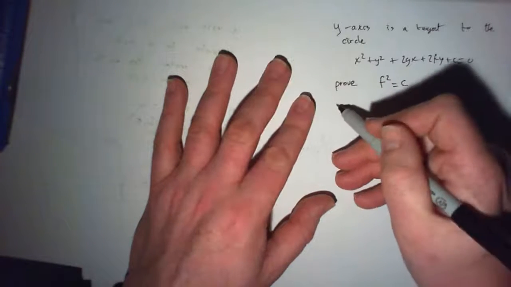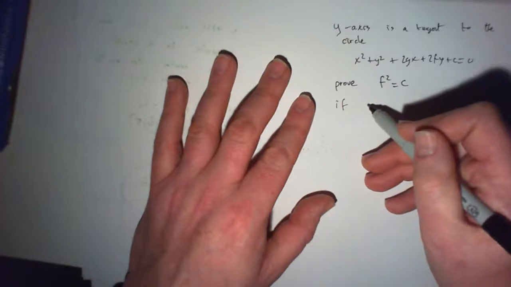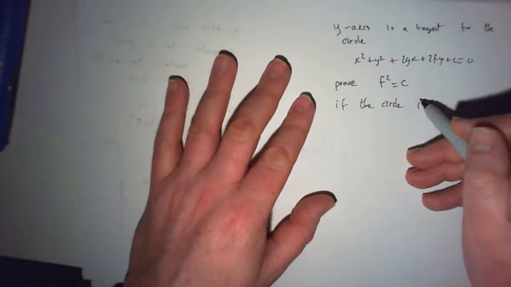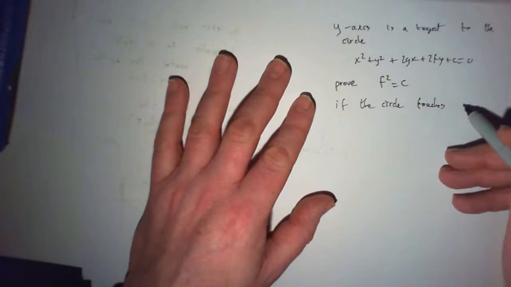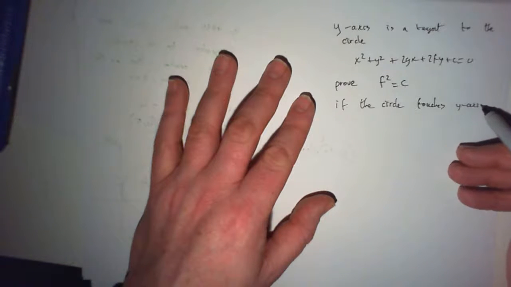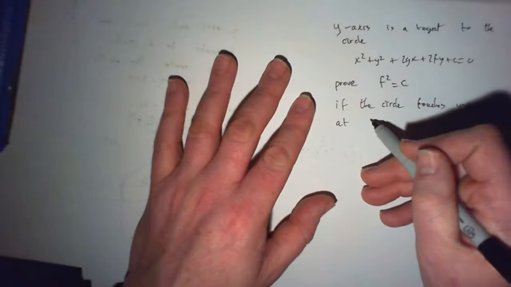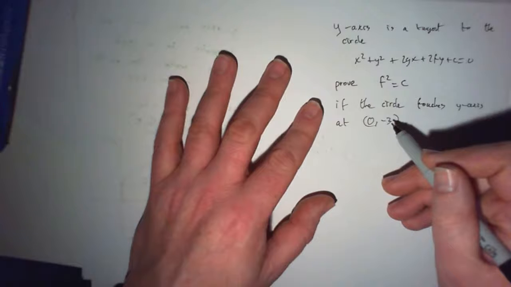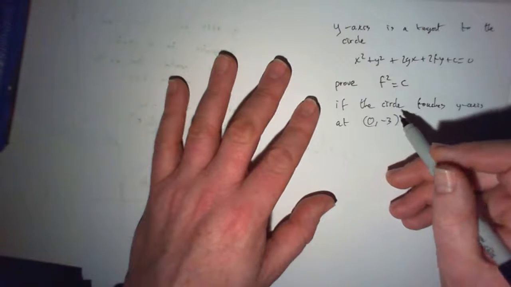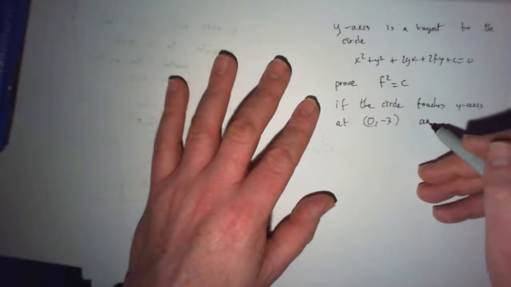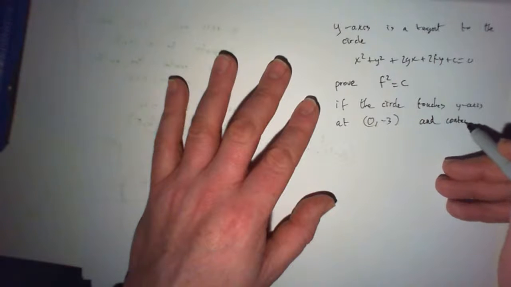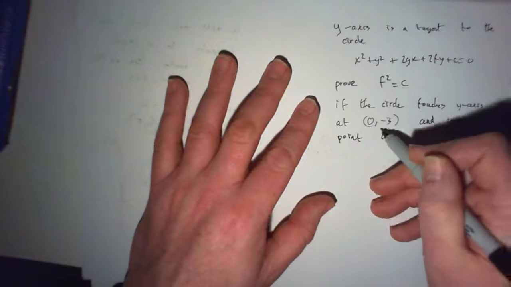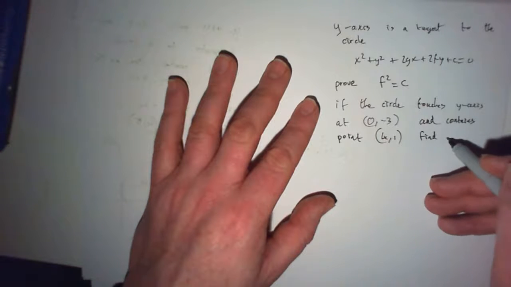And then, if the circle touches the y-axis at 0, minus 3, careful of that now, 0, minus 3, and contains the point 4, 1, find the equation.